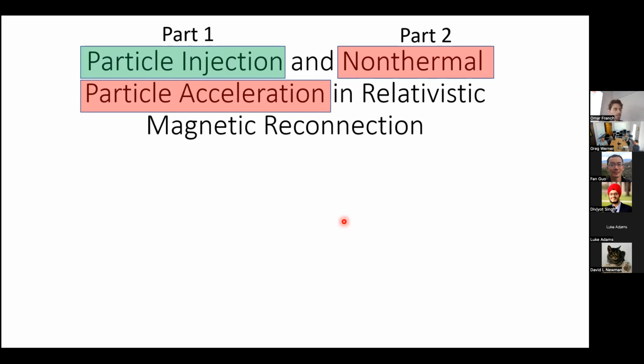And throughout this talk, I should clarify now that quantities highlighted in green will have relevance to particle injection, and quantities highlighted in red will be more relevant to high energy acceleration.